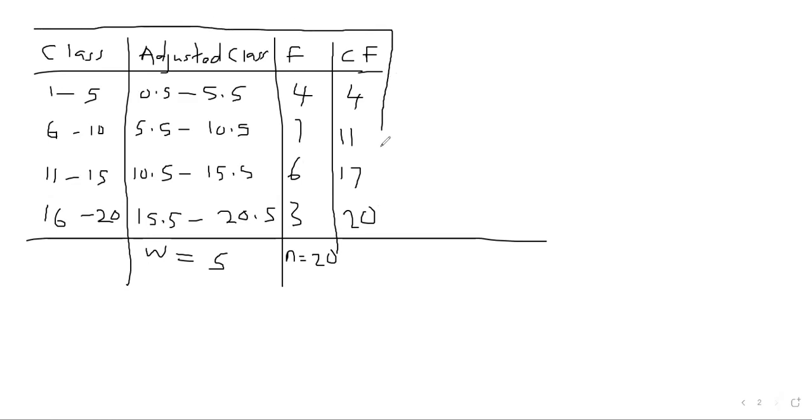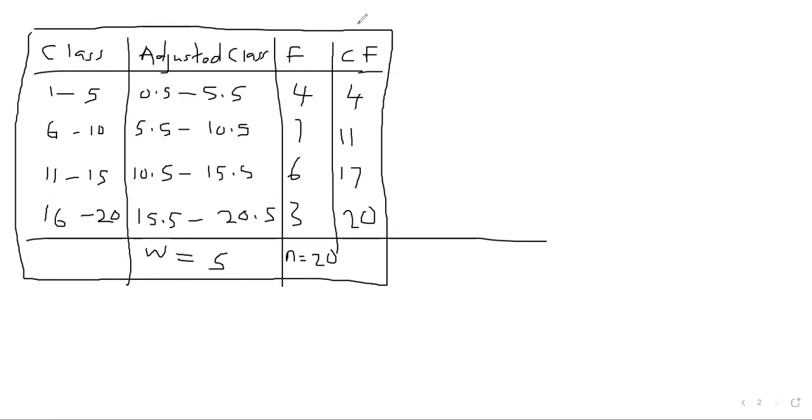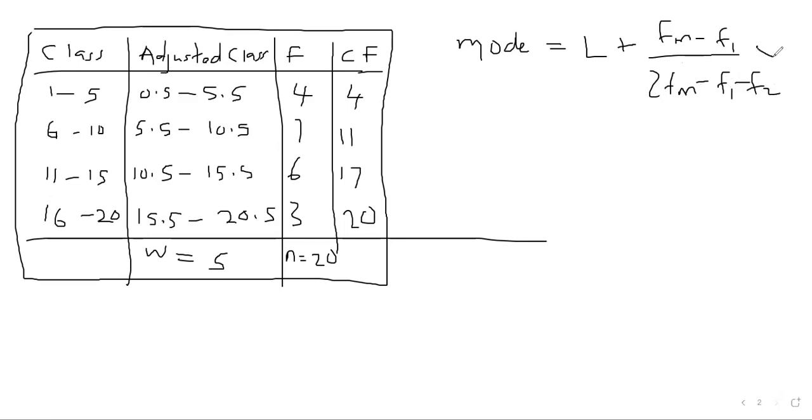Please, whatever I'm talking about is very important and is a handful. So the mode is simply the highest frequency. It is given by L plus Fm minus F1 over 2Fm minus F1 minus F2, times the height. The height, for you to remember, is 5, no doubt about it.